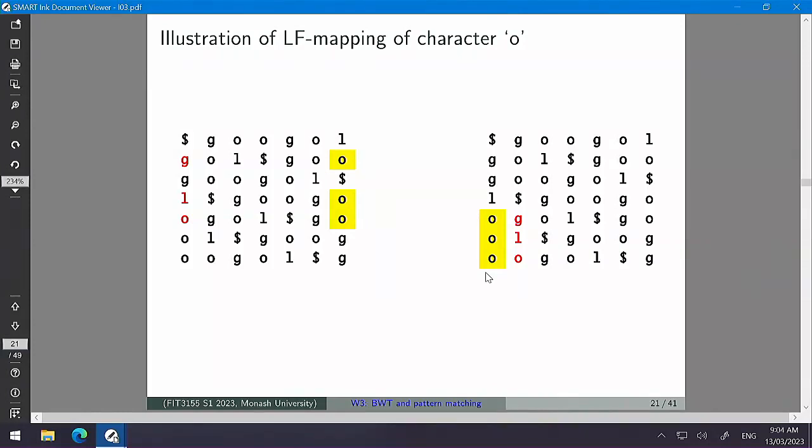Now, what is the rank of $? Which position does $ appear in? Position 1, right? Let's figure out how to calculate it later on, but just looking at the slide, it appears in position 1. The rank of $ is 1. What's the rank of G?